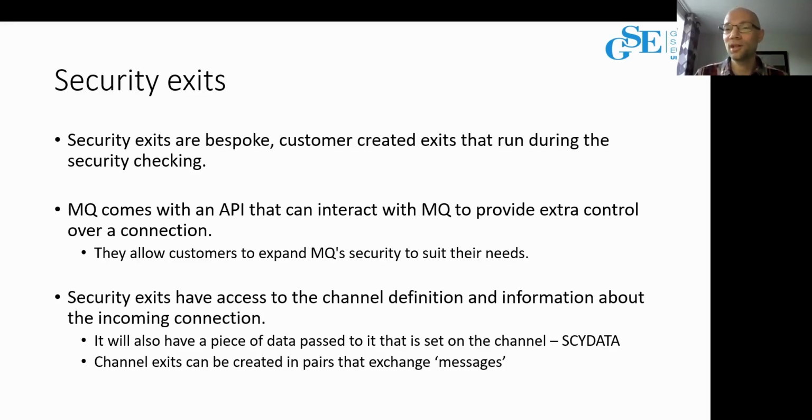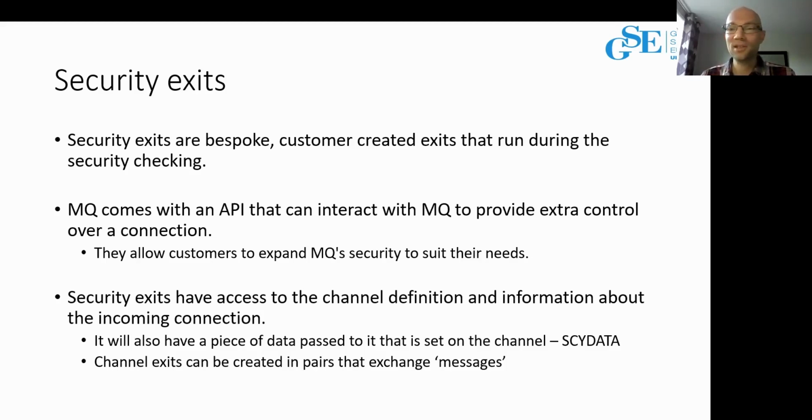Or you could, for example, implement something similar to multi-factor authentication for MQ if you wanted to, using a security exit. So because it's an entirely blank slate, as long as you're prepared to write it yourself and maintain it yourself, you can use it to add additional capabilities to MQ.